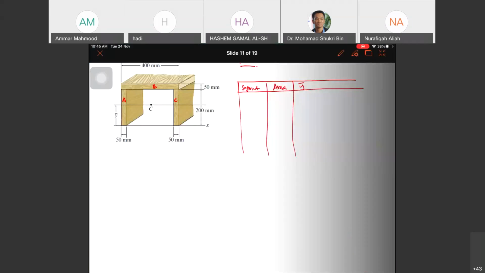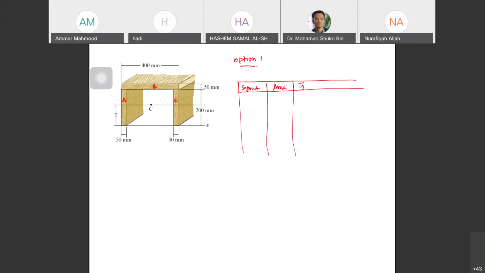So we have a segment area and also y bar, and here you have ay bar. Okay, for segment A, segment B, and segment C. For segment A, the area is 50.